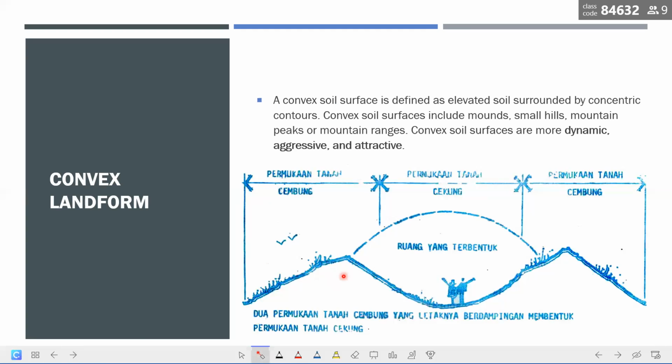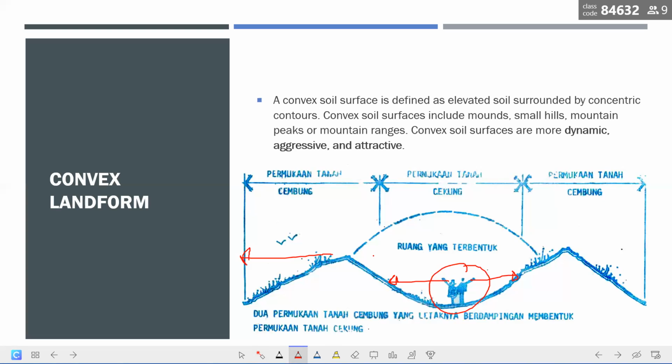So if you are down here, of course you won't be able to enjoy the views out there because your views are obviously obstructed by the geographical formations.